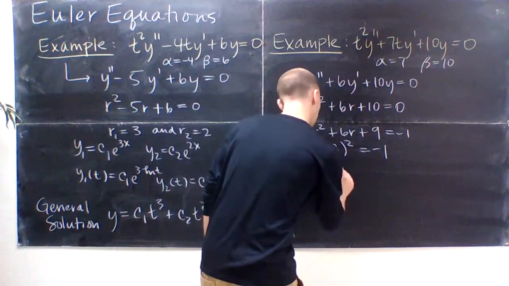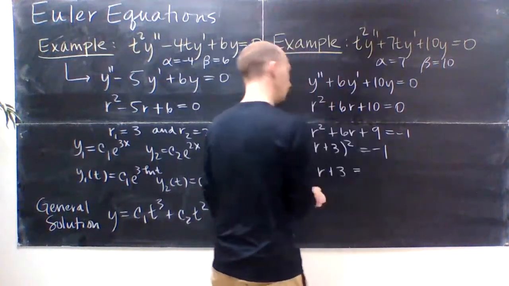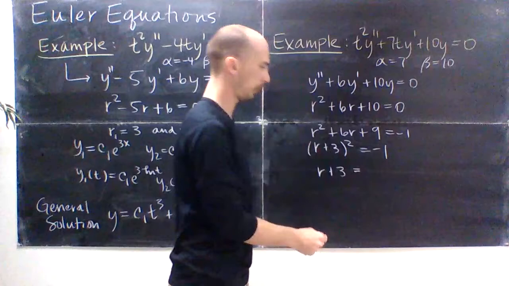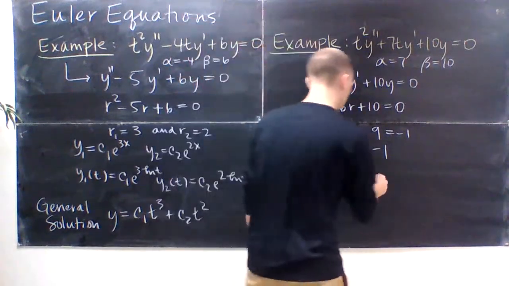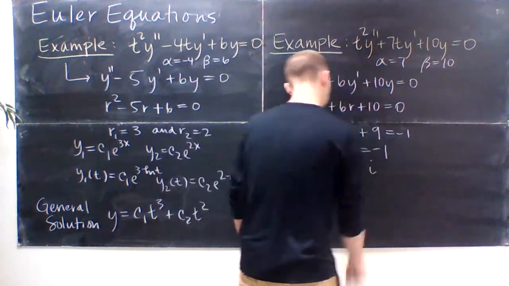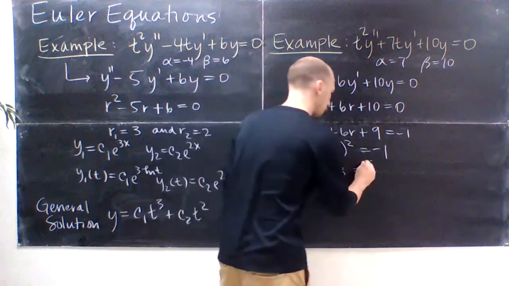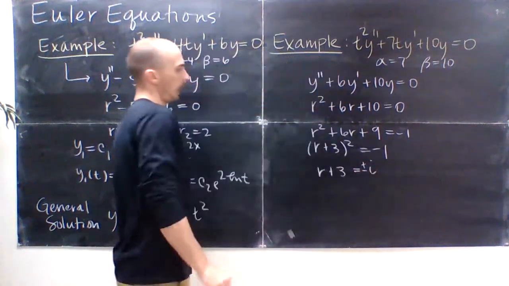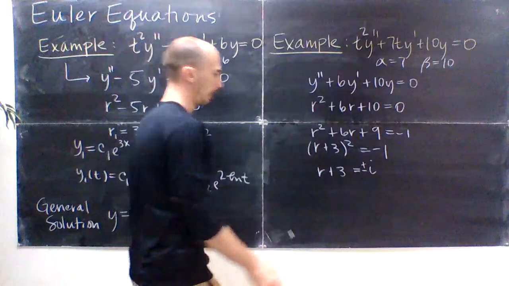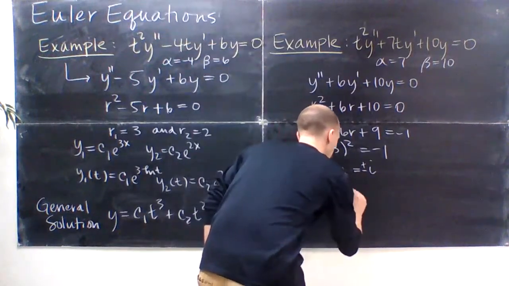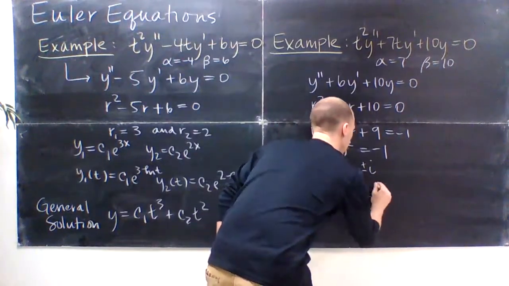Take the square root of both sides, and that's going to be r plus 3 equals i, but we're just going to say plus or minus i. And then I'll have r equaling negative 3 plus or minus 1i.